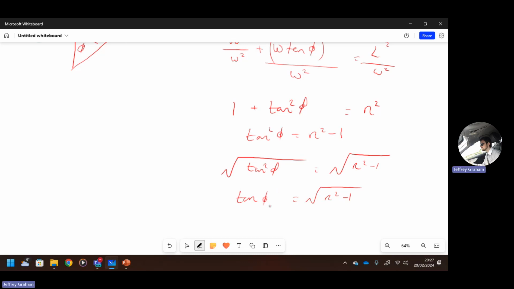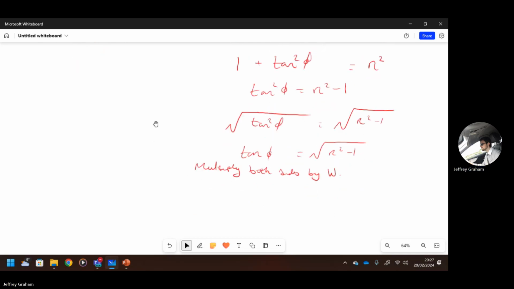This doesn't account for the weight yet, so this is where it gets a little bit weird, although we've cancelled all the weight back out. What I'm going to do is multiply both sides by the weight, which gives us W tan phi, or W times the bank angle, the weight times n squared minus 1, all square rooted.